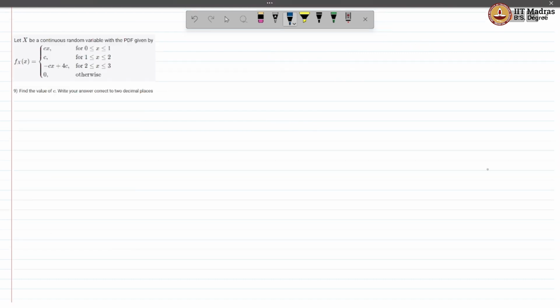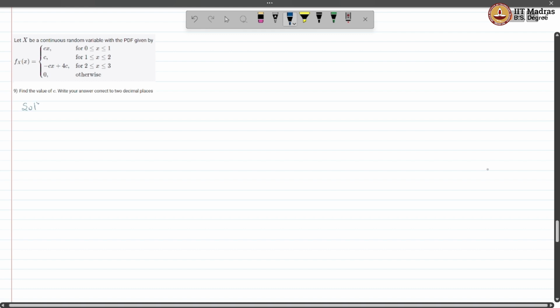In question number 9, we are given the PDF of a random variable x and there is an unknown c in the PDF which we have to find. If the PDF is valid, the area under the PDF will be equal to 1, that is, integration of the PDF from negative infinity to infinity will be equal to 1.